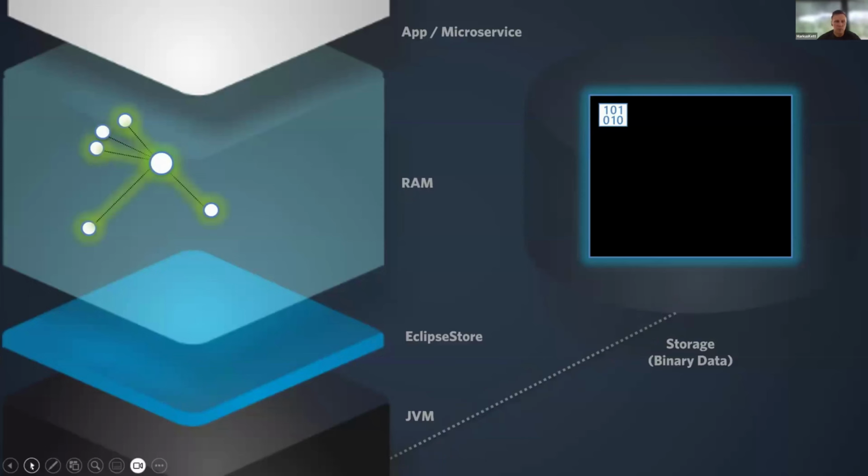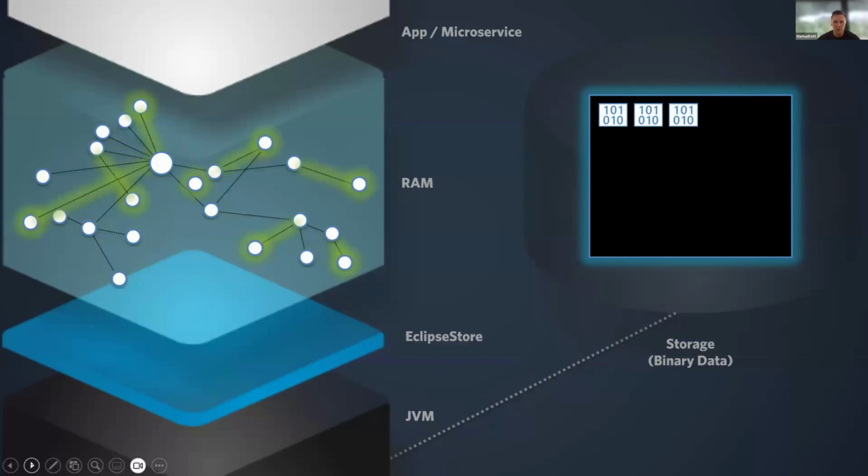So let's create some more objects, store them, and then we will create another binary file in the storage. Each store is a new file in your file storage. So it's store dependent. The more stores we run, the more files we generate in the storage. But this will be optimized and managed by the framework behind the scenes by the garbage collector process.